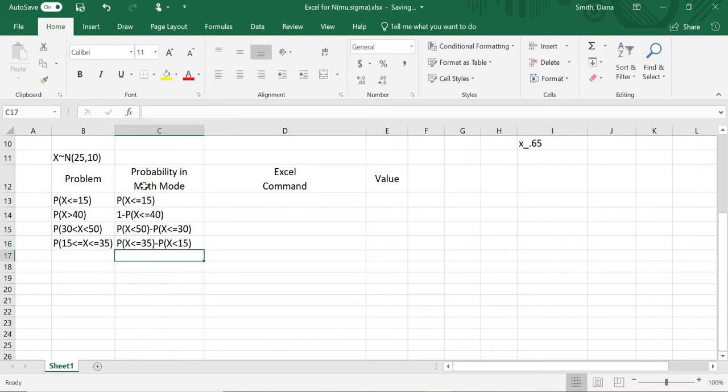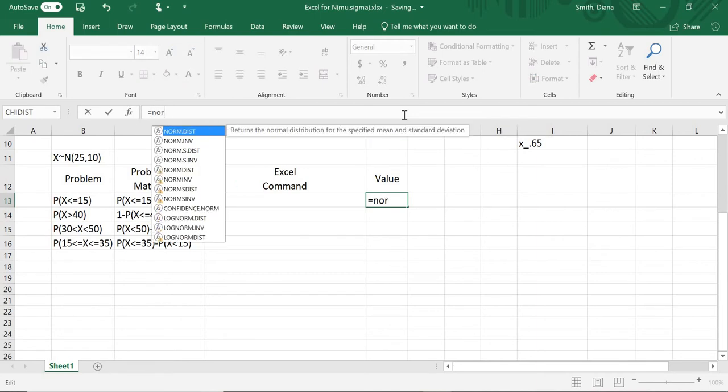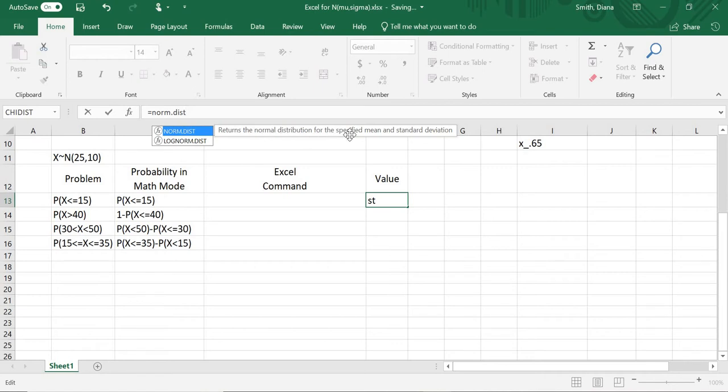Okay, so again, these are the same type of problems we had with the standard normal curve. The difference is going to be in the Excel command. So here I don't want the standard normal, so I'm going to do just equals norm.dist. And it says it returns a normal distribution for the specified mean and standard deviation.